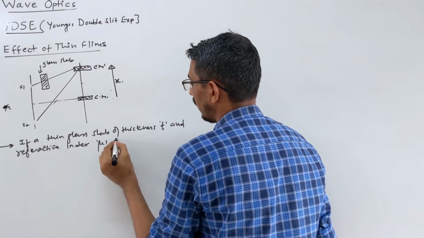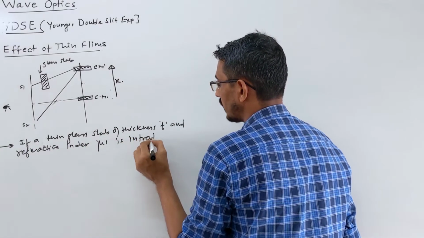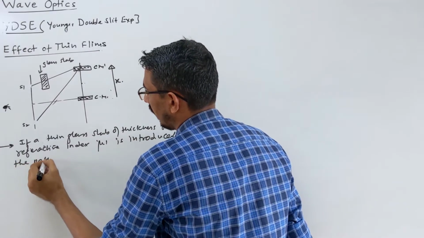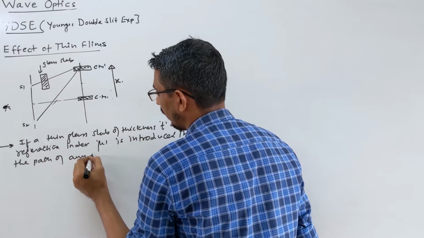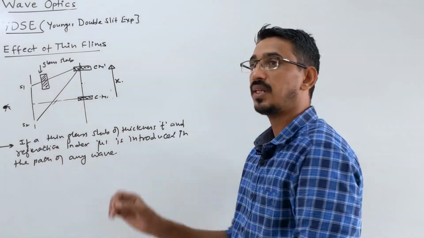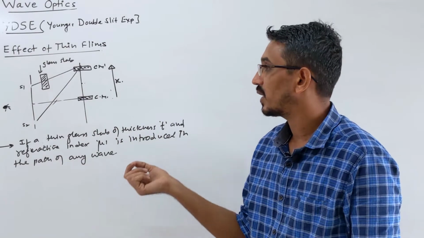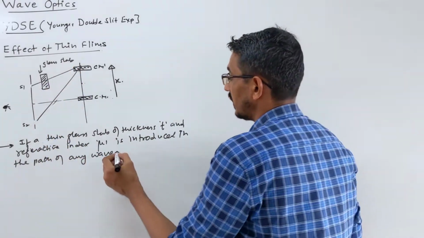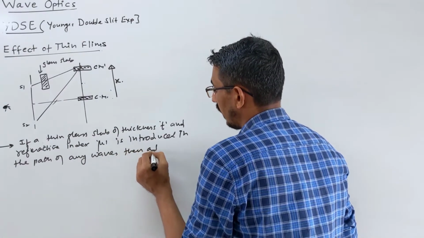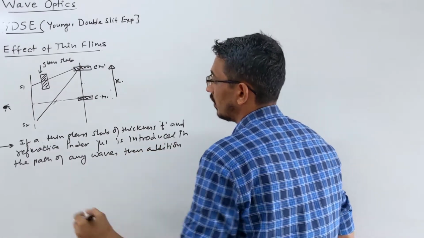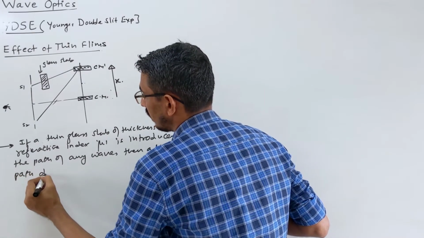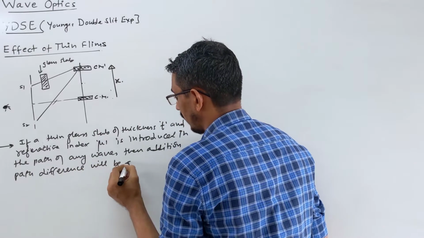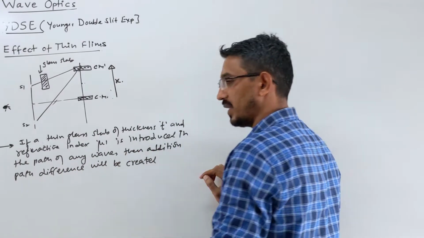If a thin glass slab of thickness t and refractive index mu is introduced in the path of any one wave, then what will happen? An additional path difference will be created. This will create your additional path difference, right?